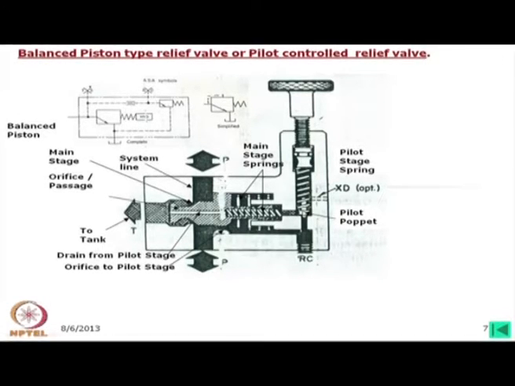If the pressure is below the set pressure, then there is no flow. Remember, there is no flow. No flow means the thrust on this side and the thrust on this side remain the same. So this is in position and it is sitting on that.